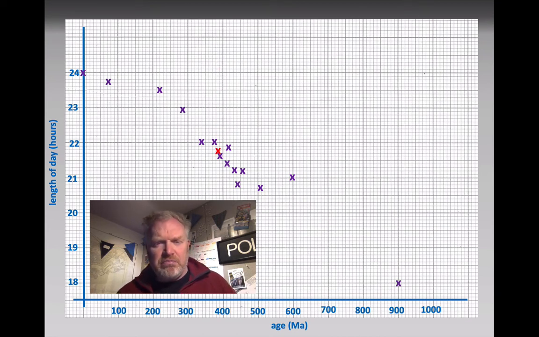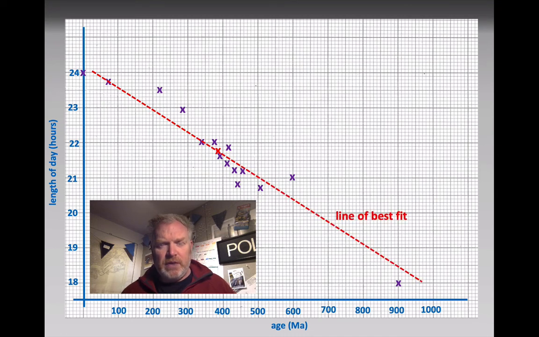You can see there's something of a relationship here, but it's not on a perfect straight line. So perhaps we need to work out what the line of best fit is. Now I reckon it's got to be somewhere through like that, with roughly an equal number of points above the line as below the line. You might have it in a slightly different position, but I'm sure it's relatively similar to that.